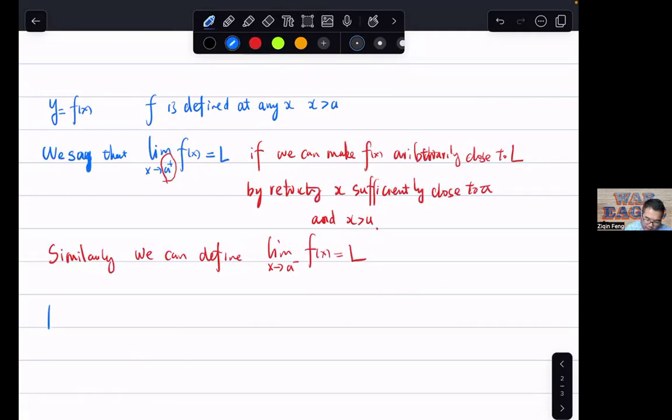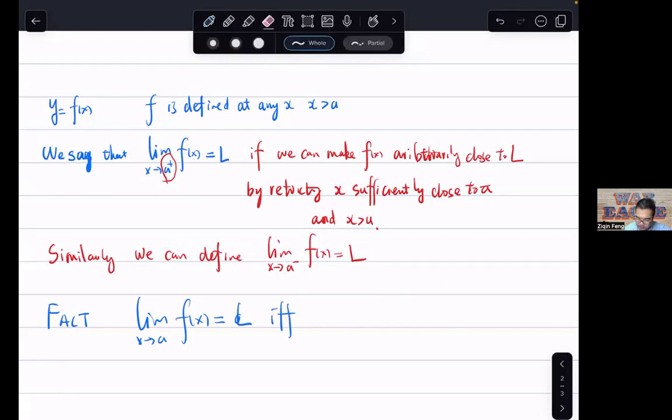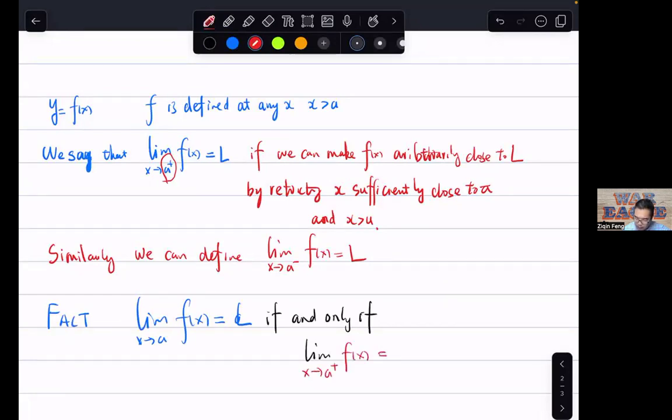So here is a very important fact. You can see that the limit as x goes to a of f of x equals L if and only if, that is, equivalently, the left limit as x goes to a from the left of f of x equals the right limit as x goes to a from the right of f of x equals L. So that's very important.